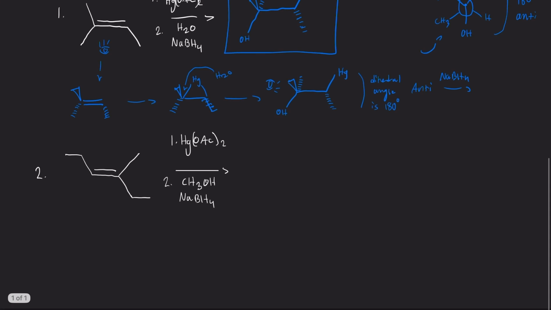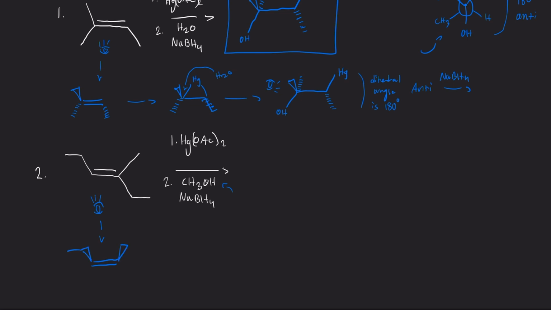So the second example, if we look here, I'm actually not using water as a nucleophile here. I'm using CH3OH. It's another weak nucleophile, but it's the same process. All right, so if I'm viewing the molecule from here, let's draw this down here. All right, I have a methyl going there on a dash.